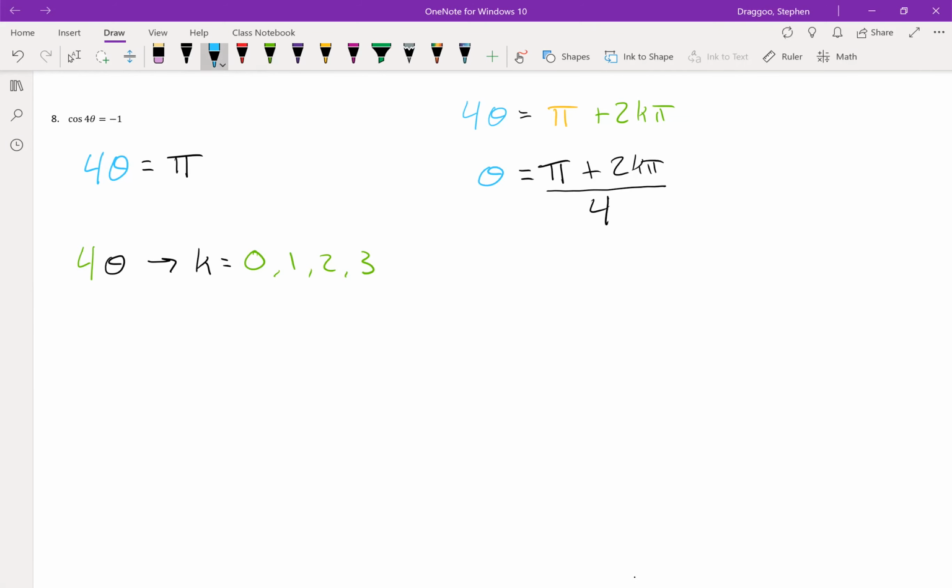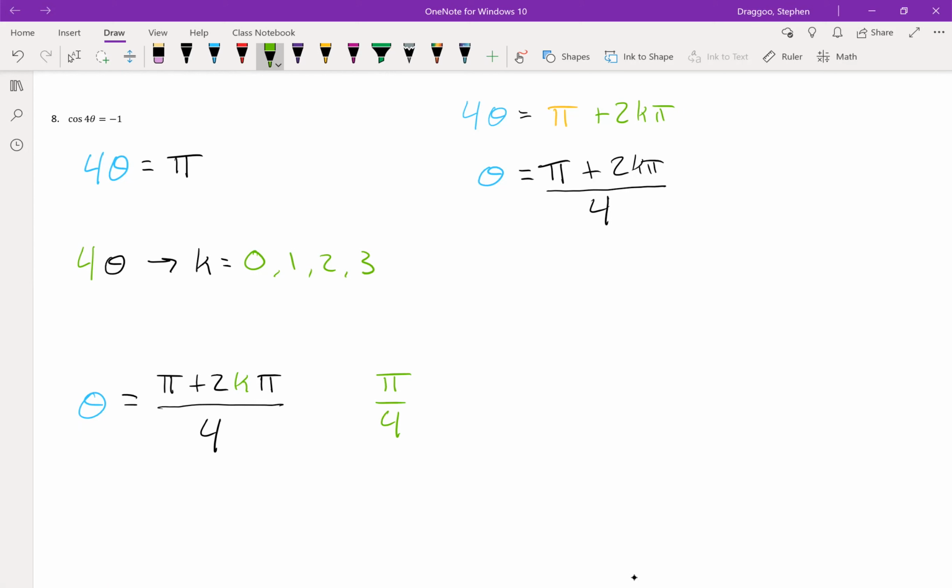So bring my equation down. Theta is equal to pi plus 2k pi all over 4. And I'll plug in my values for k. At 0, I get pi over 4.